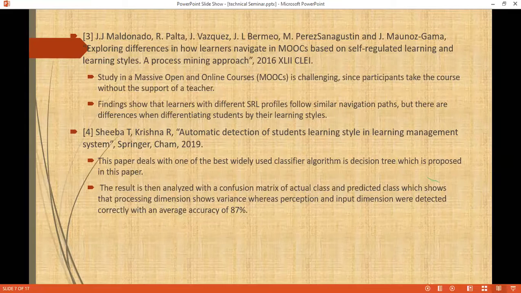Finally, the result was analyzed with a confusion matrix. A confusion matrix is a table that is often used to describe the performance of a classification model. And they got a good accuracy of 87%.